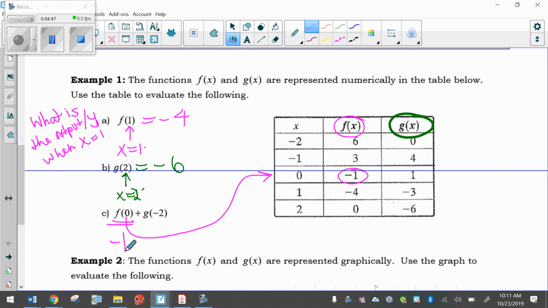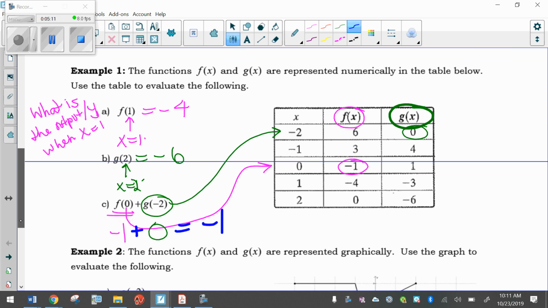Then I need my g. Turn over to my green, g of -2. I'm going to go to my -2, and I want the g, which I see is 0. And then I'm simply going to add them together. And so my answer is negative 1.